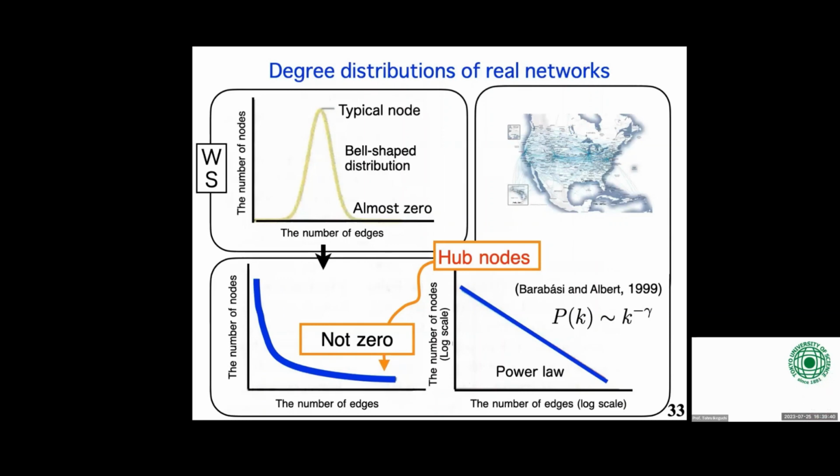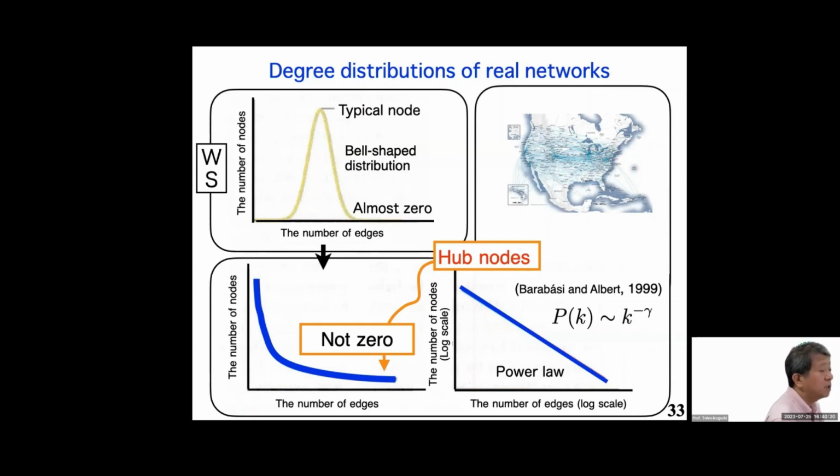As shown in the lower left figure of this slide, there are a small number of degrees whose frequency is non-zero, and the values of these degrees are not so small. Actually, they are large. A vertex with such a large degree value is often called a hub vertex. What is even more interesting is that when this degree distribution is plotted on a so-called log-log graph, you can observe a straight line, as shown at the bottom right.